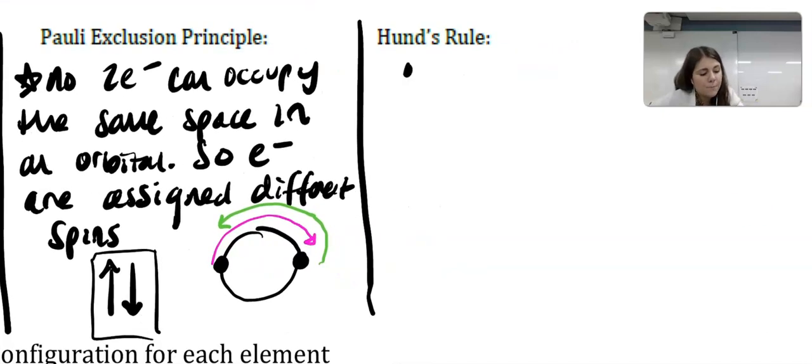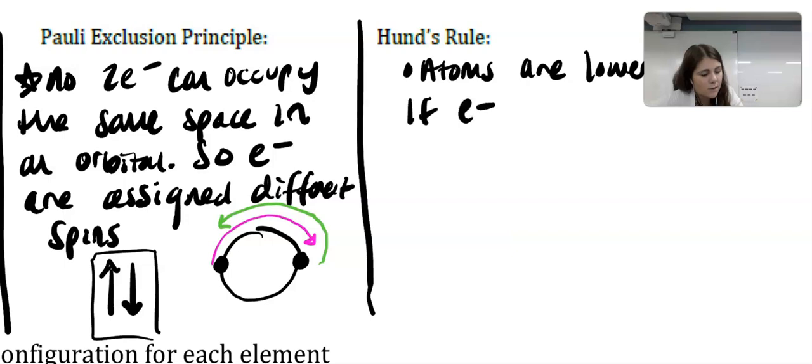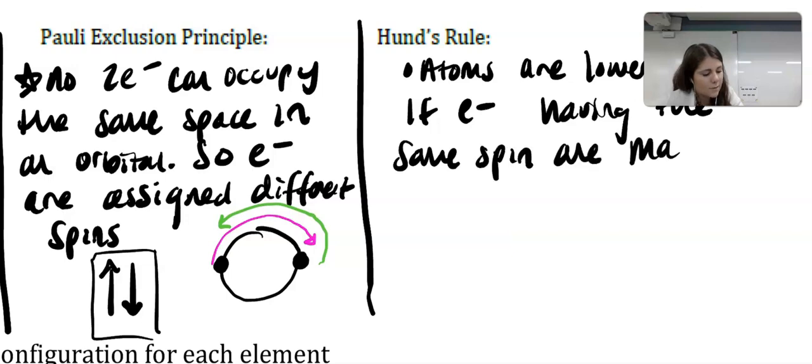Lastly, Hund's rule: atoms are lower in energy if electrons having the same spin are maximized.